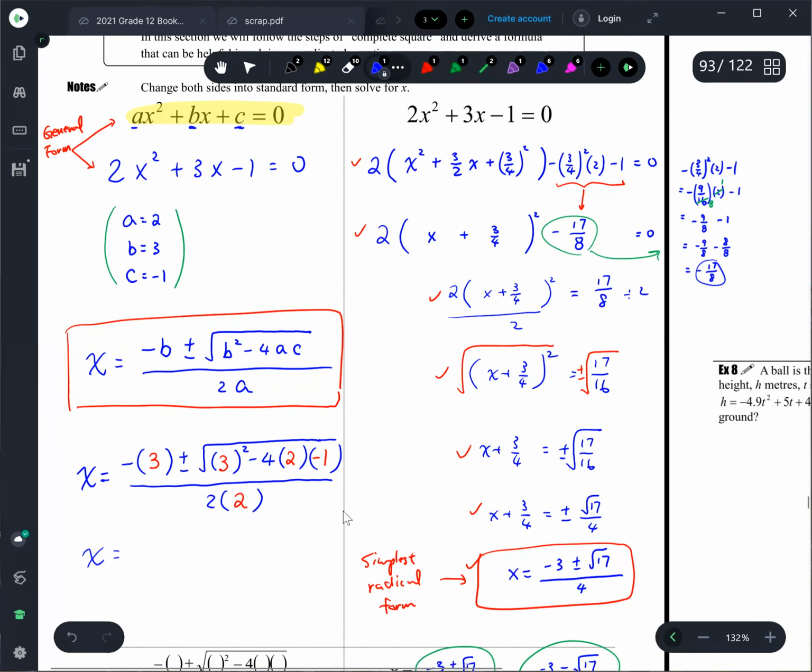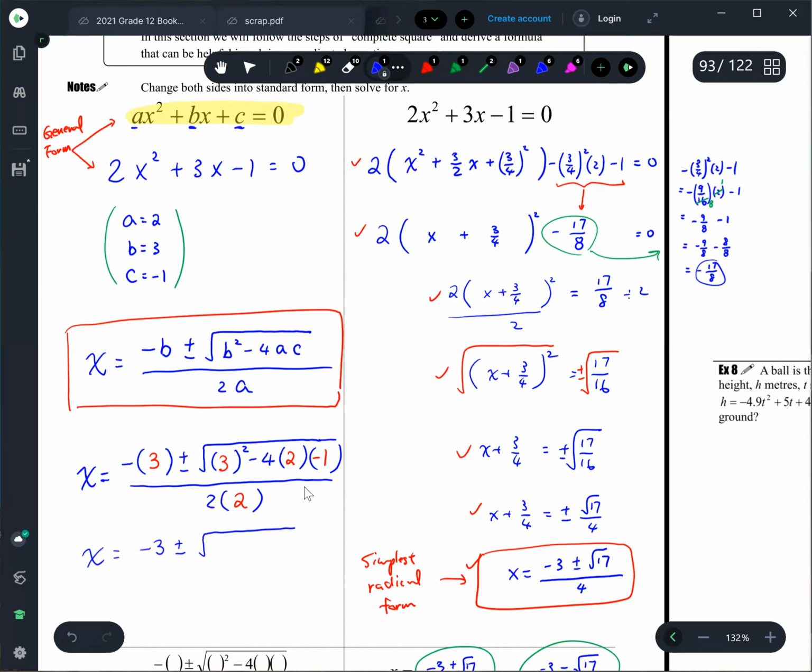How to fill out this one? No. Okay. So now all we need to do is simplify it, okay? So -3 is just -3, right? With bracket or without is still the same.